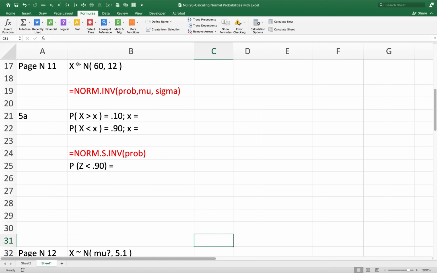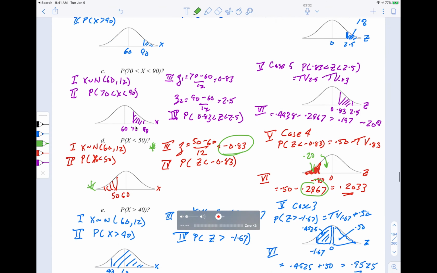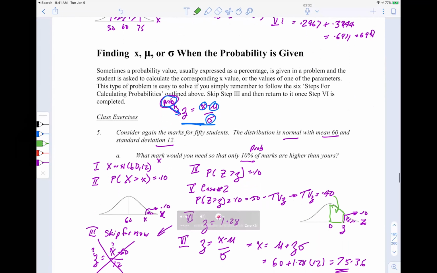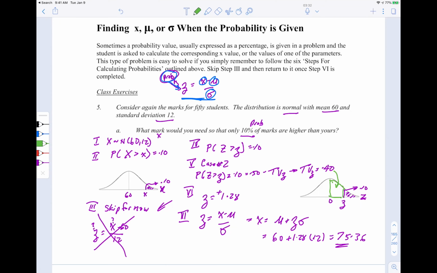What if we are given the mean and the standard deviation, mu and sigma, and we're given a probability, and we need to find the appropriate X value? That's what we were looking at on page N11: finding an X, a mu, or a sigma when the probability is given.